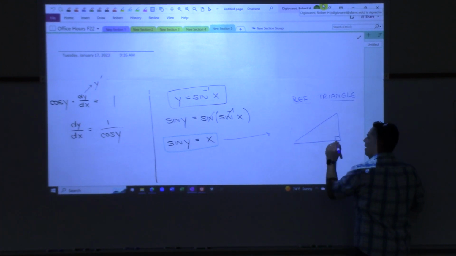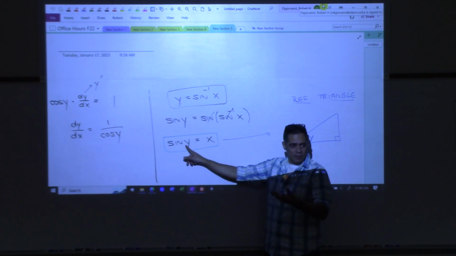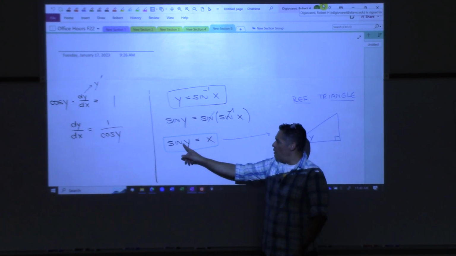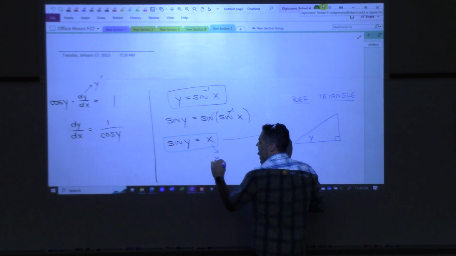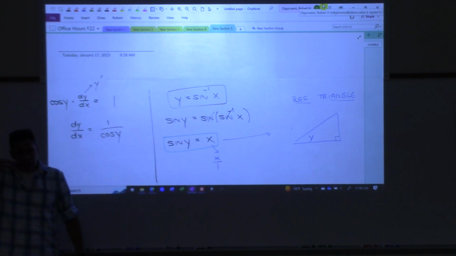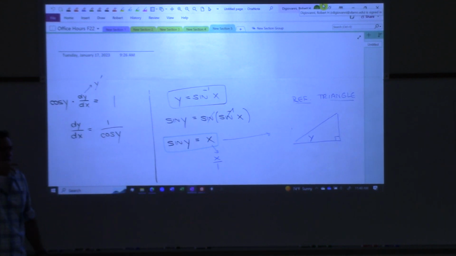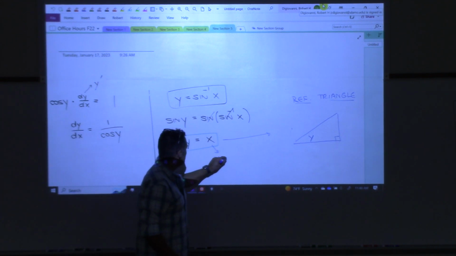I'm going to make the angle here y because I'm doing sine of y. The angle here is the thing that's inside the sine function, y. And then this x, I'm going to rewrite as x over 1 so that I create a ratio. I'm going to look at x as being the opposite side and the 1 being the hypotenuse.